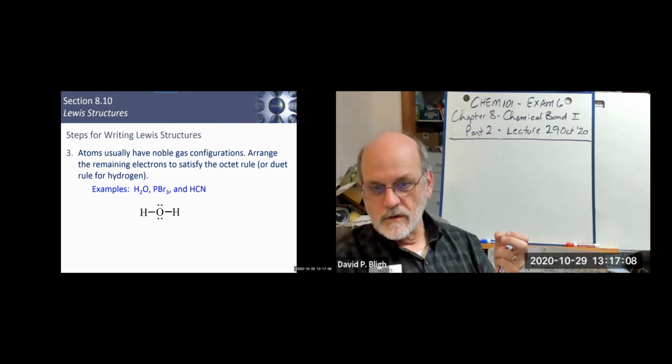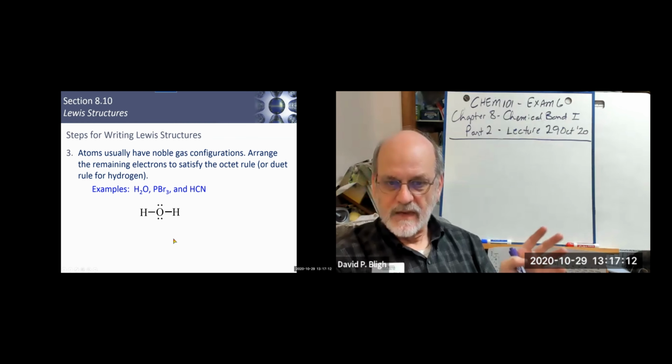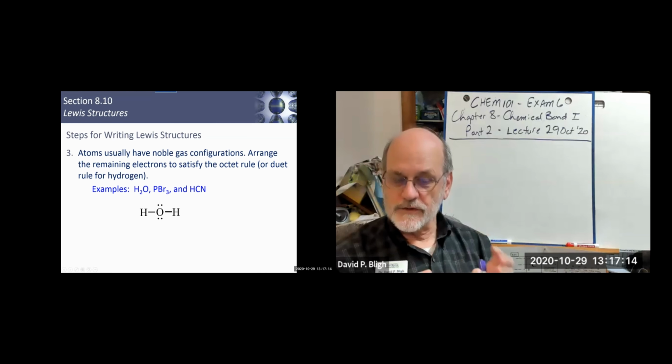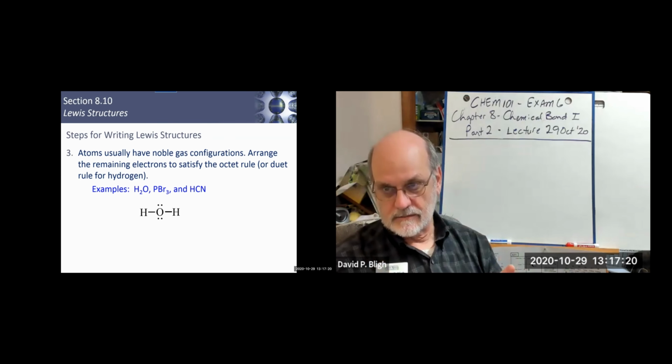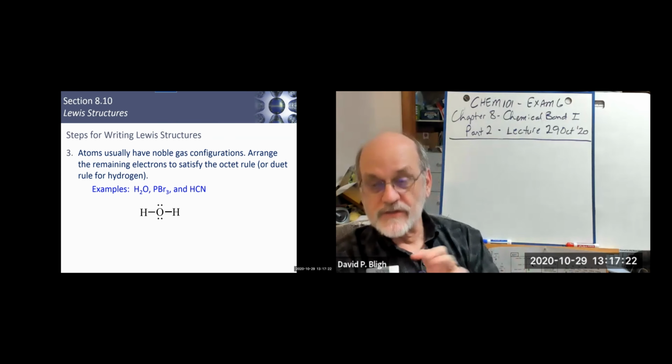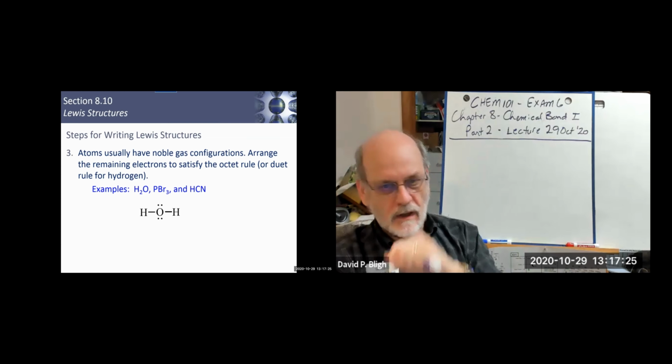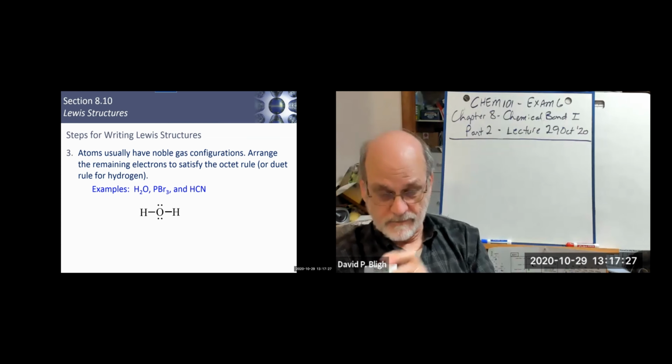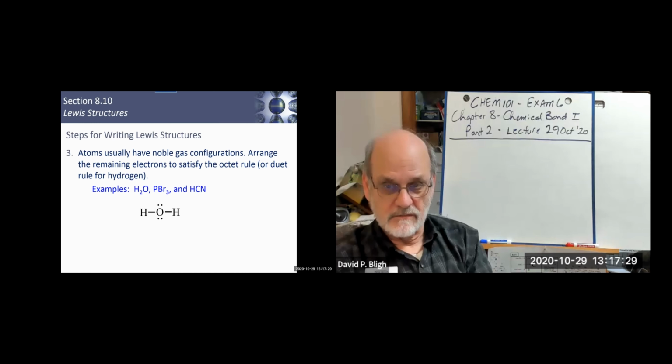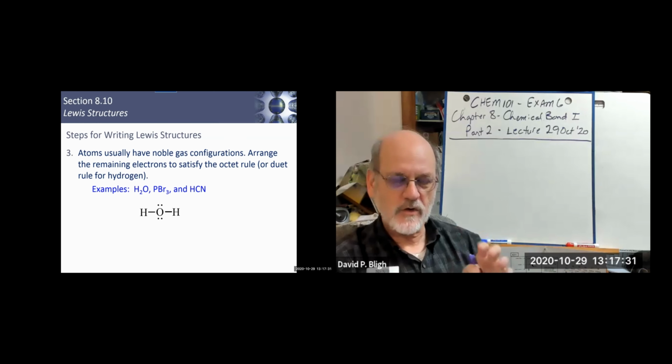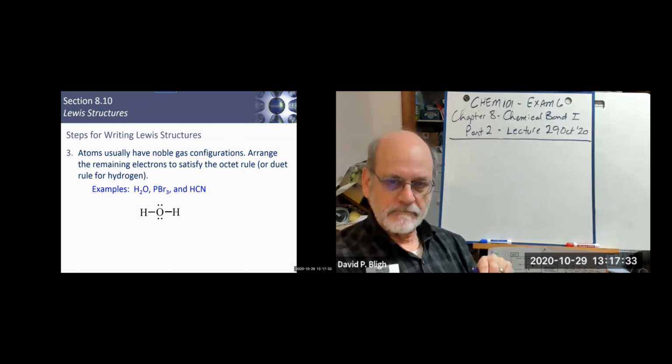There's 2, 4, 6, 8. They're all covered. Now that's the basic Lewis dot structure right there. We're not saying anything about the geometry yet. We know that's not the right geometry, but I won't be able to explain that to you right now. So let's just concentrate on Lewis dot structures.